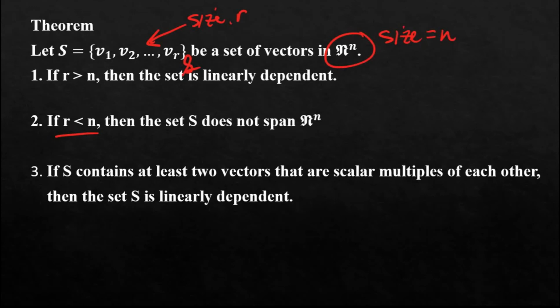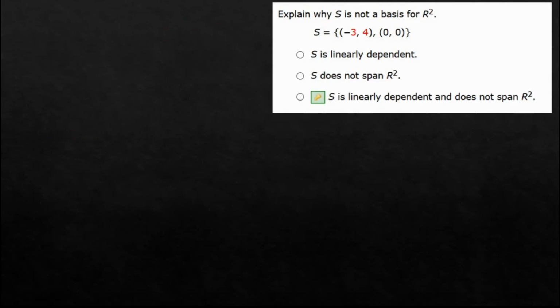I talked about this before, but we use it now. If S contains at least two vectors that are scalar multiples of each other, then the set S is linearly dependent. Now let's look at this first problem, and on some of the problems, if I can use the theorem here, definitely I will.